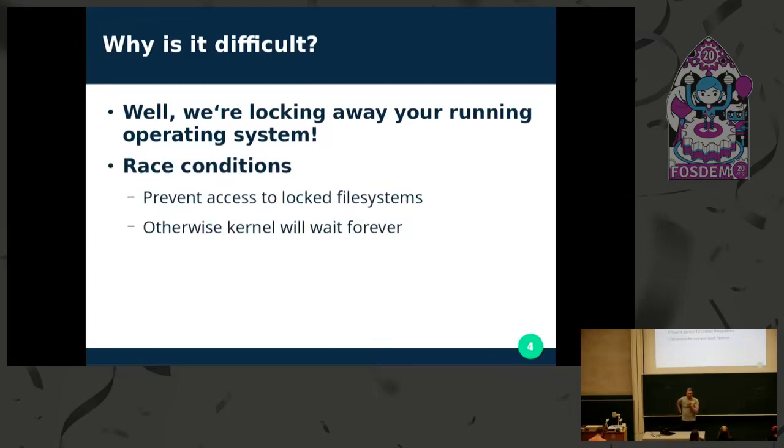Since we've locked away all of your file systems, the kernel might want to access it because some process is requesting something, like a file on your system. So we have to make sure that we really know what happens before we enter the suspend mode and after we resume, and that only processes access some data once we have unlocked the system again.